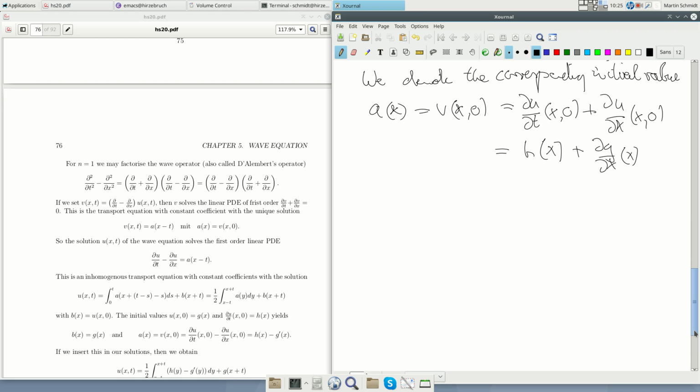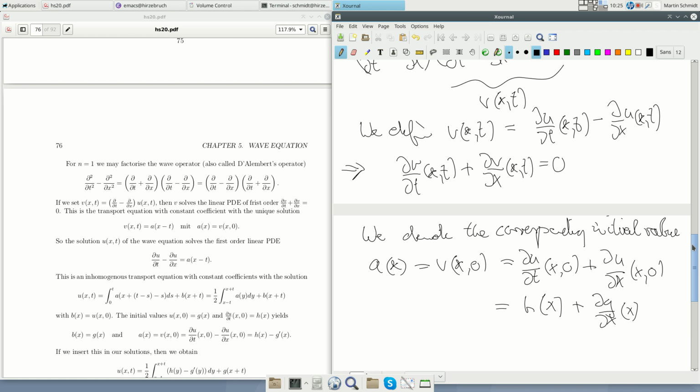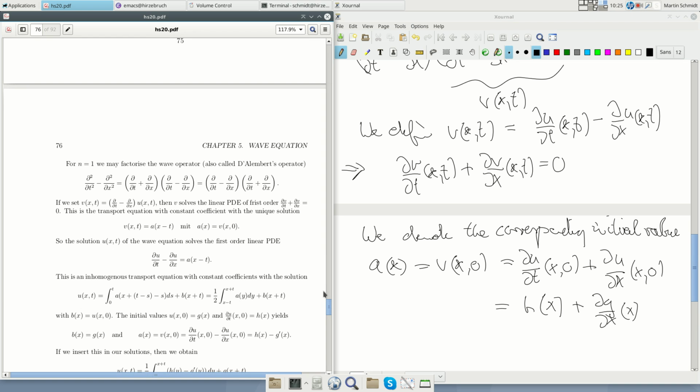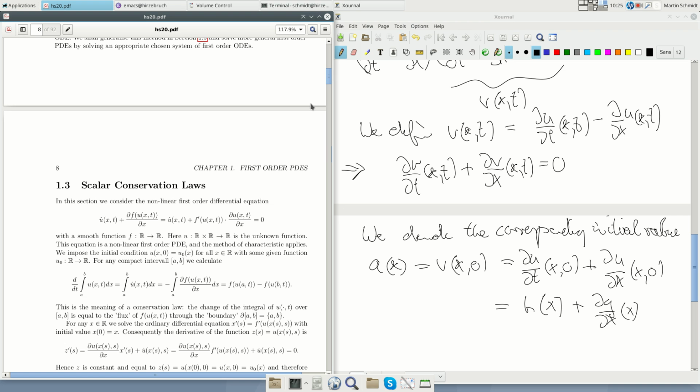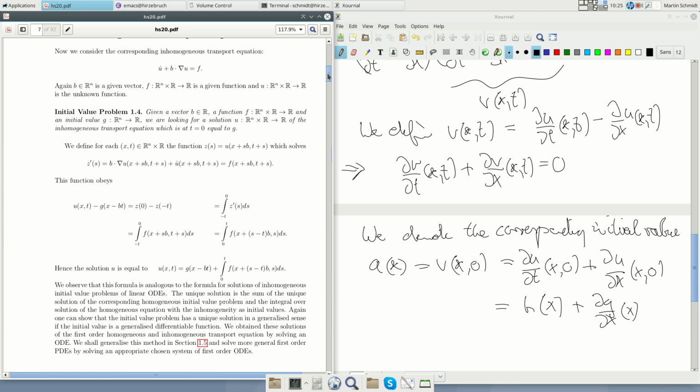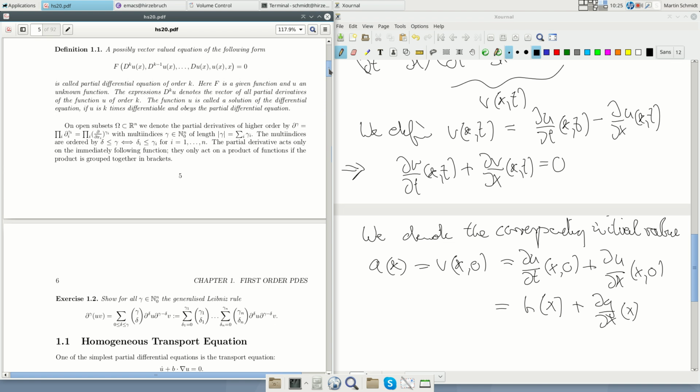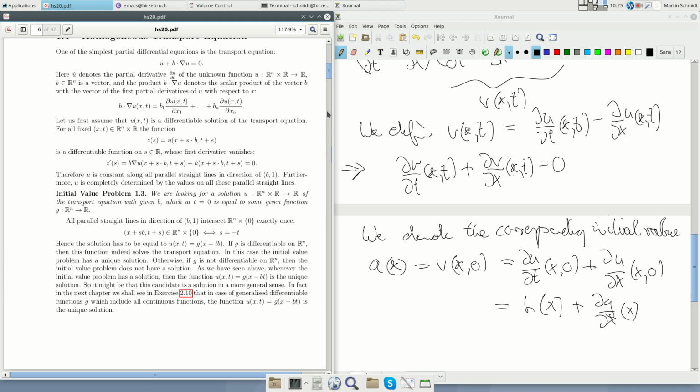We solved this transport equation; maybe I recall it and show you the formula, which was in the very beginning, the homogeneous transport equation.